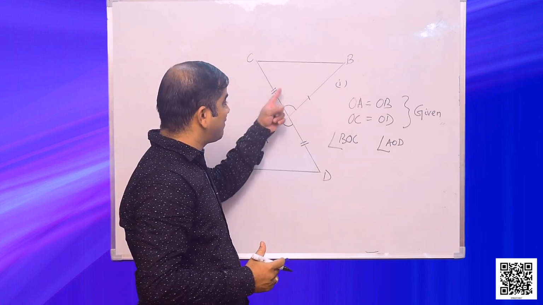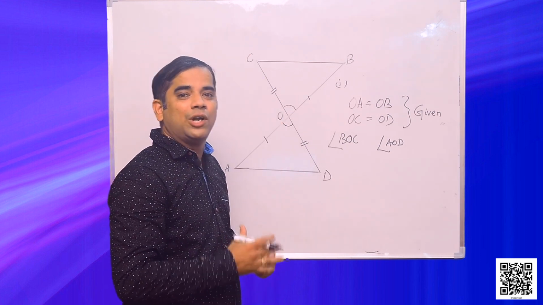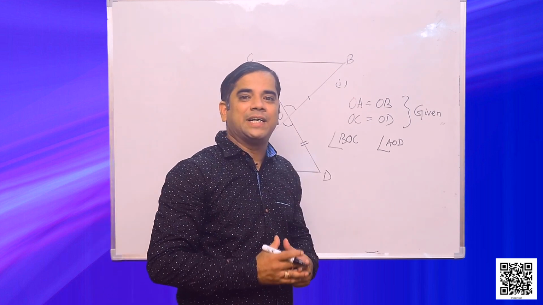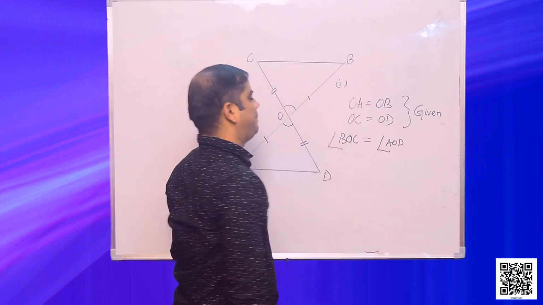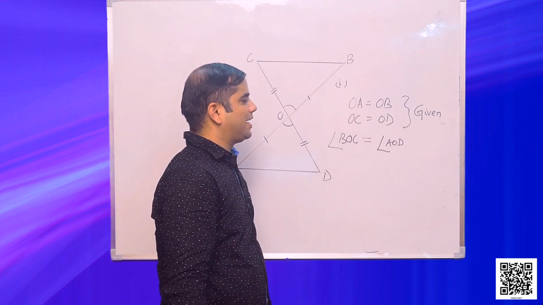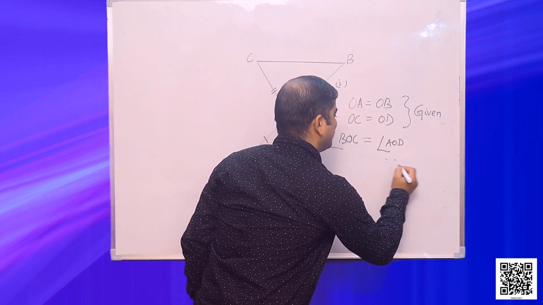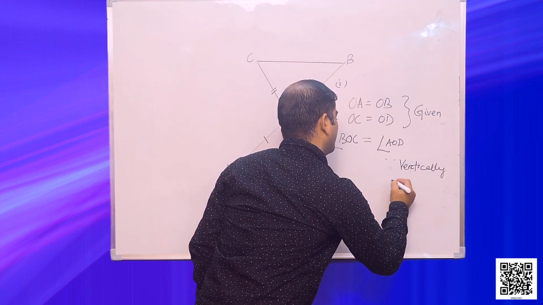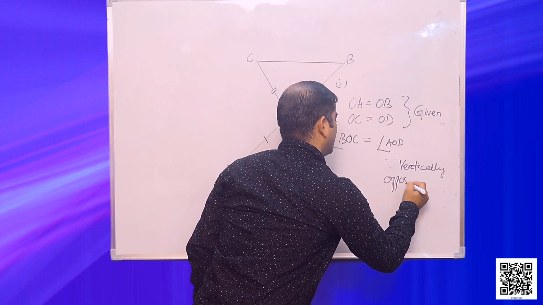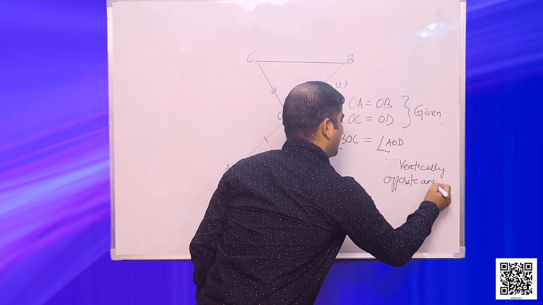Why? Because they are vertically opposite angles. We know that vertically opposite angles are equal to each other. So, angle BOC is equal to angle AOD.